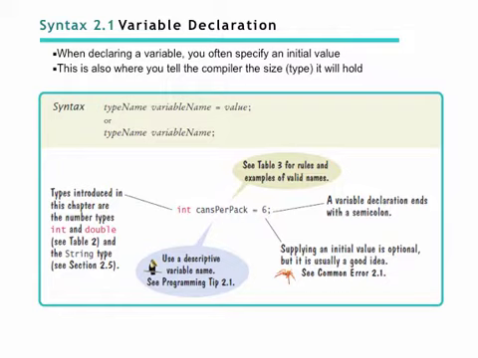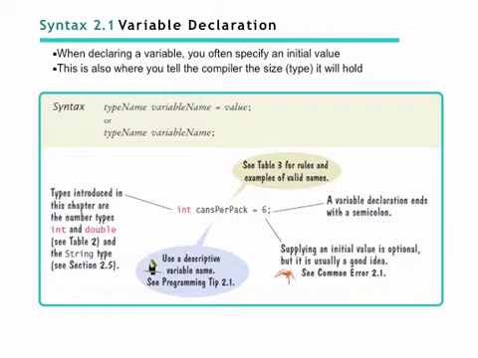So here's an example. The syntax requires us to supply the data type as well as a variable name followed by a semicolon. Alternatively, if we want to assign an initial value, we can articulate the data type, the name, followed by an equal sign, and the initial value, and a semicolon. So in this example, int is the data type. It stands for integer.